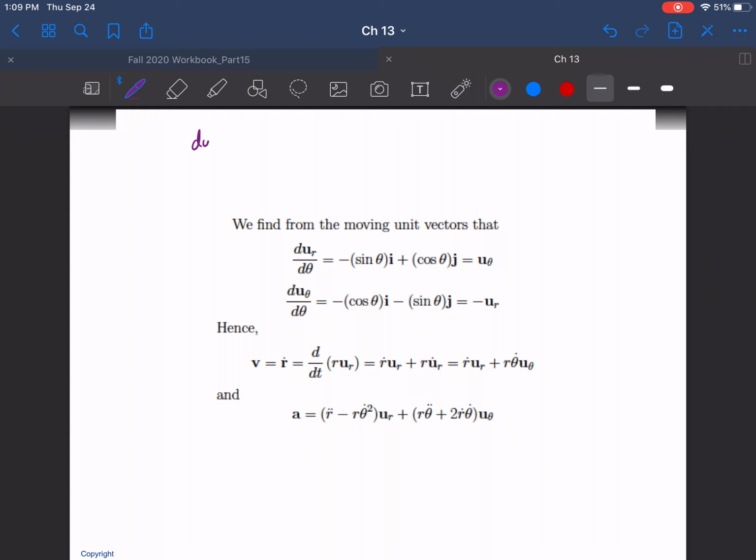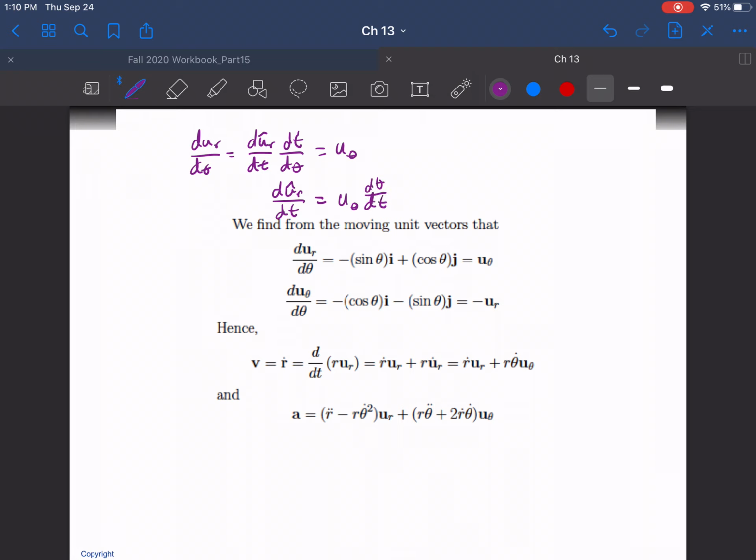First, du_r d theta is going to equal du_r dt times dt d theta, and that has to equal our u theta, which means that we can multiply that over and we get du_r dt equals u theta times d theta dt, right?